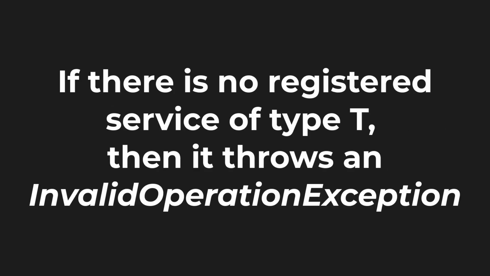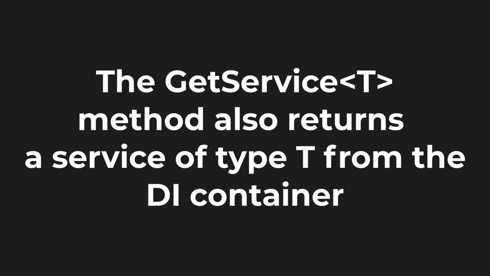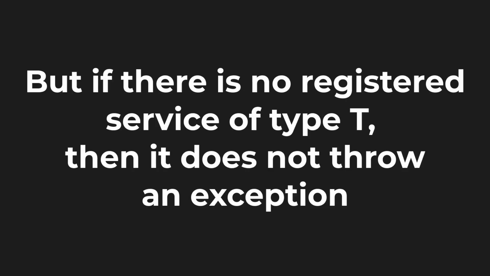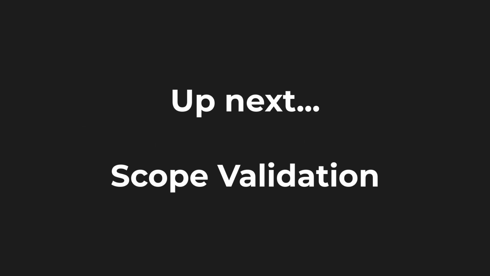If there is no registered service of type serviceType, then it throws an InvalidOperationException. The GetService method, on the other hand, also returns a service of type serviceType from the dependency injection container. But if there is no registered service, then it does not throw an exception. It simply returns null. In the next video, we will take a look at scope validation.